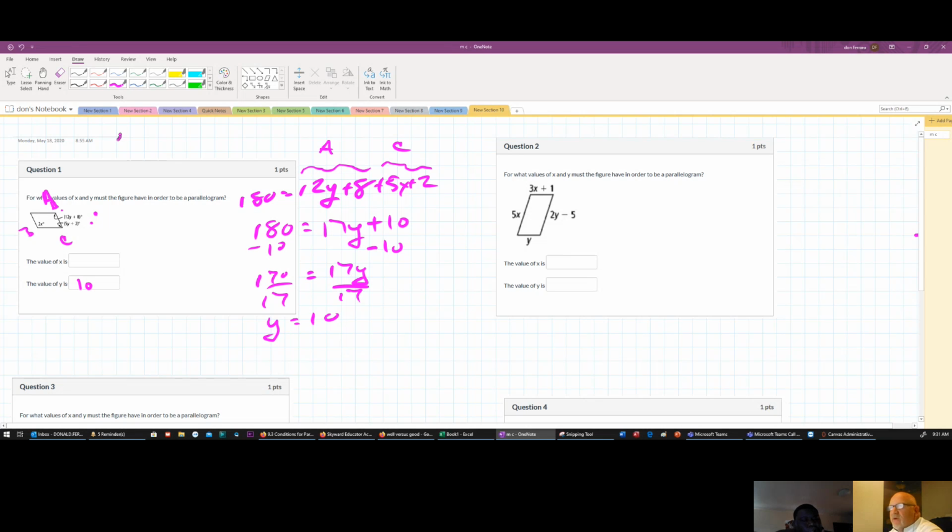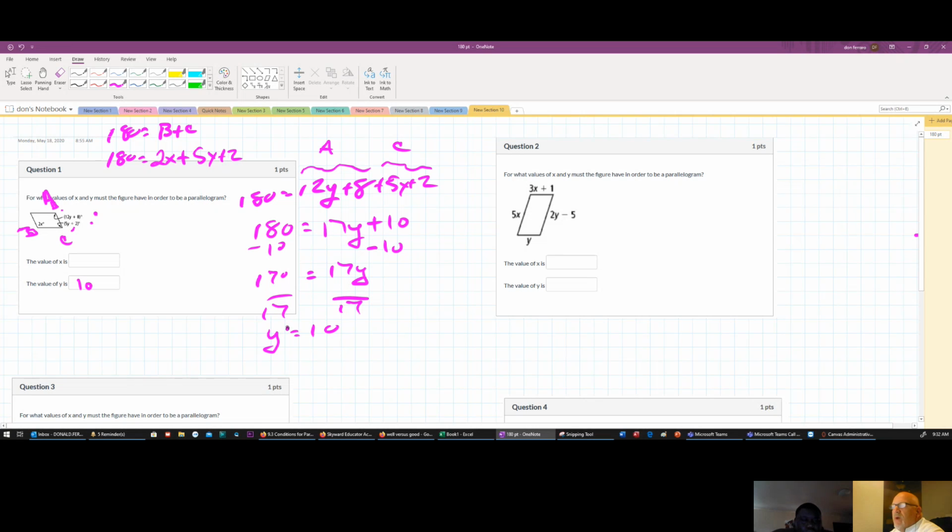Bear with me, it's just a little hard to write up here. 180 equals B plus C. So 180 is equal to B, which is what? What's angle B? 2x, right? Plus, and what's C? C is, it's small. It's 5y plus 2, right?